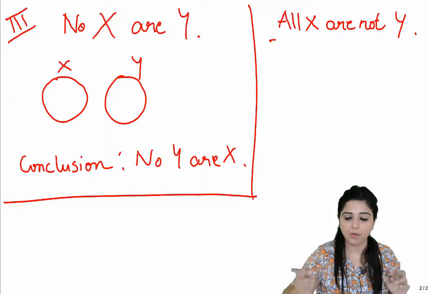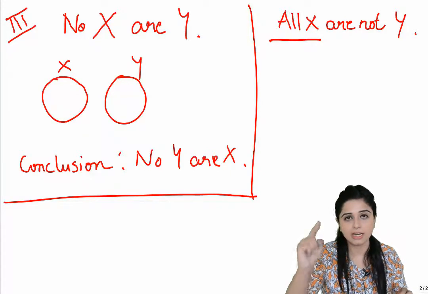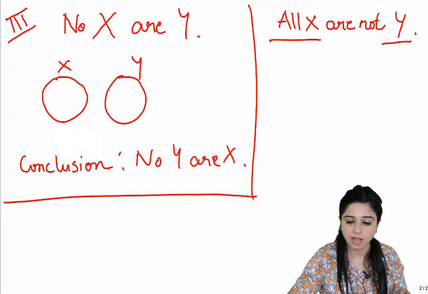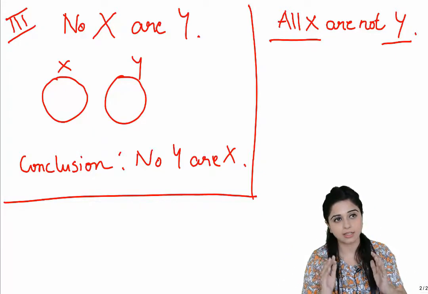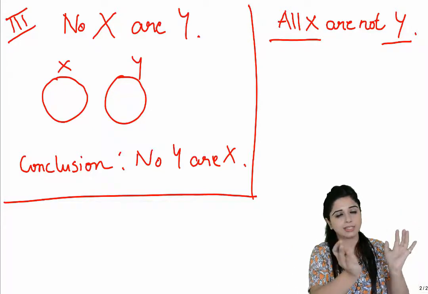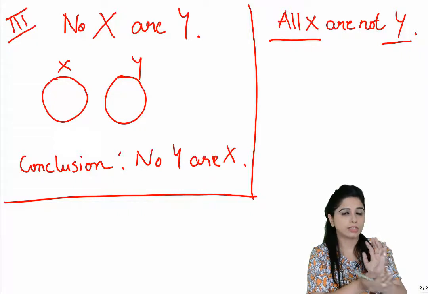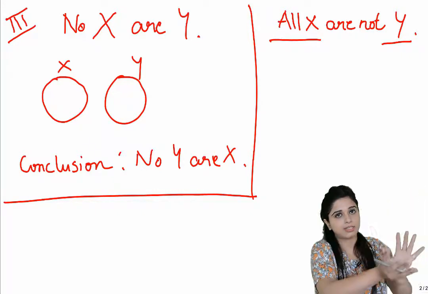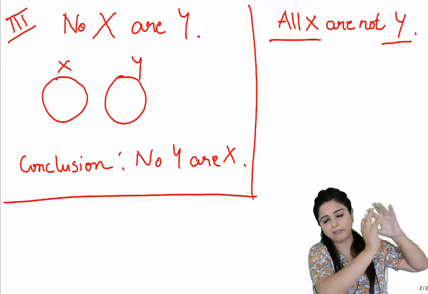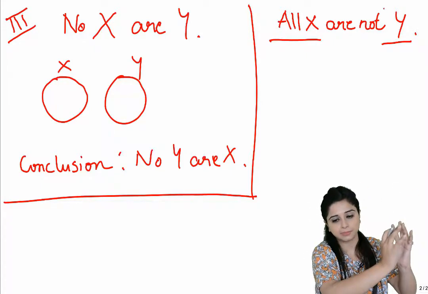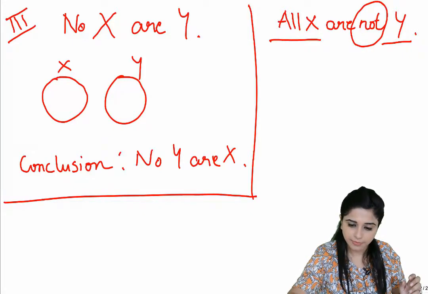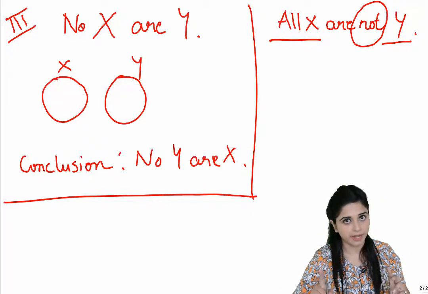Think about it this way now. What are we saying? We're saying all x are not y. Now visualize this. Visualize a set which is all of x. Everything that is x is inside this set. Now this set is not y.